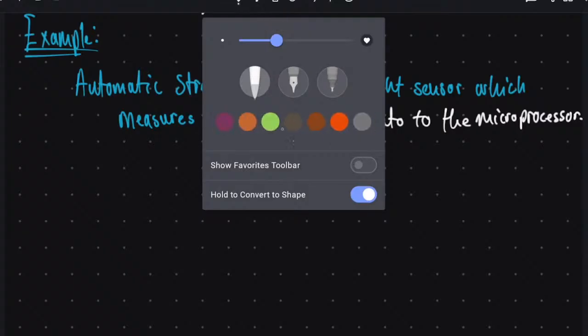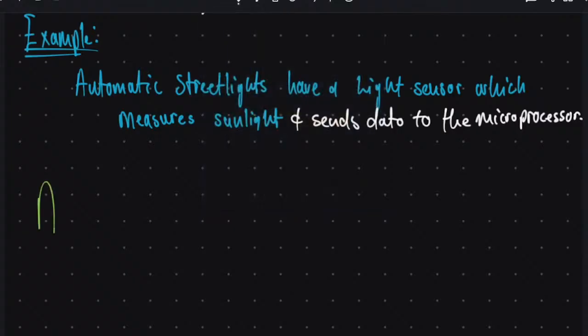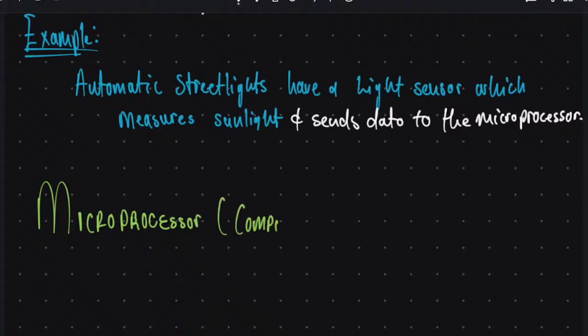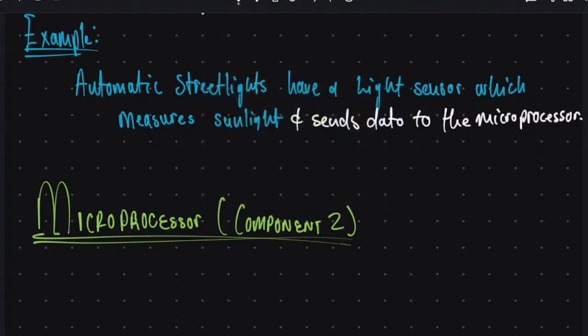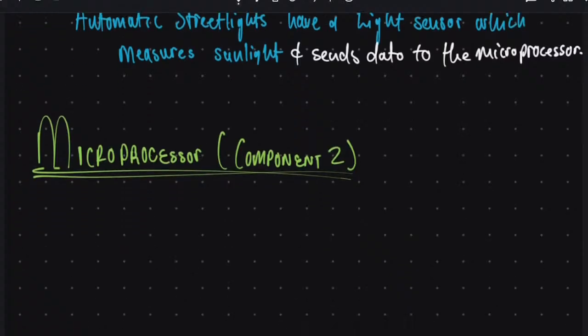Let's talk about it. Microprocessor is component number 2. Should we go for it? Yes, I understand it already. It is the brain of the system.